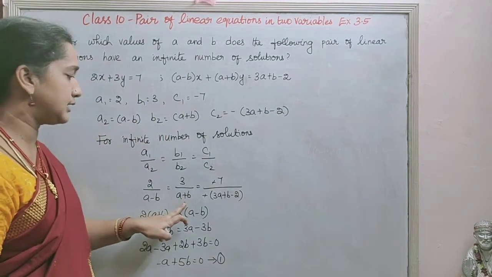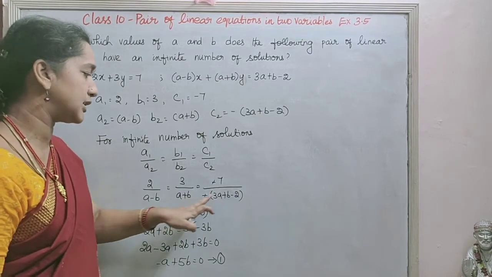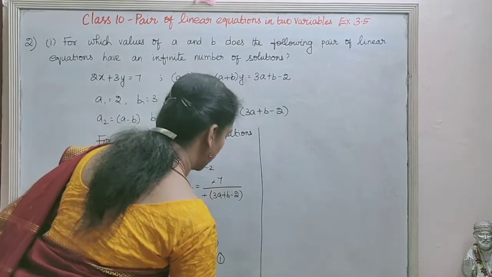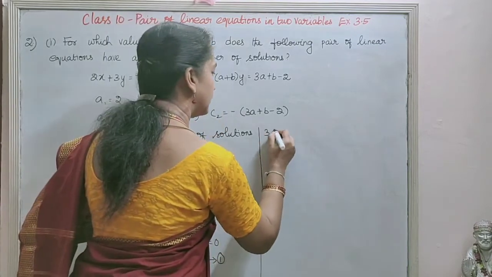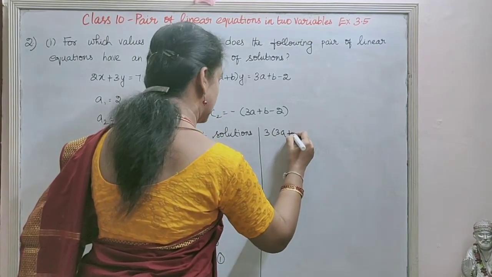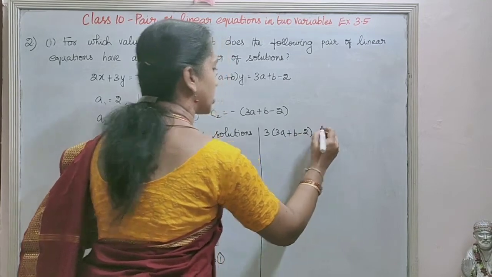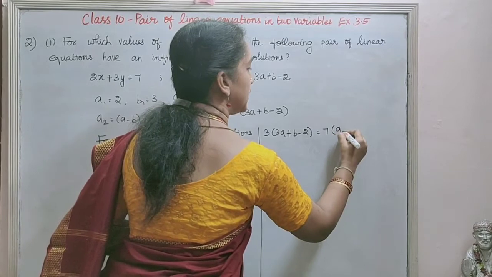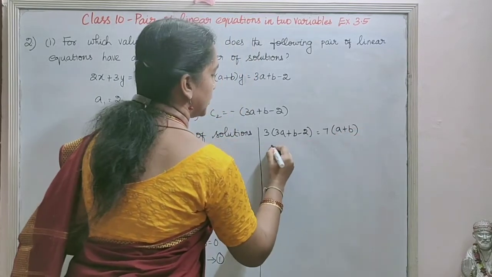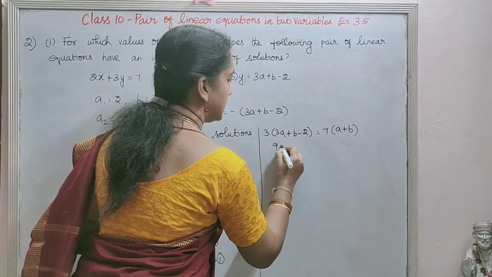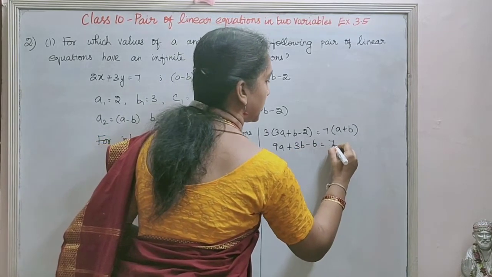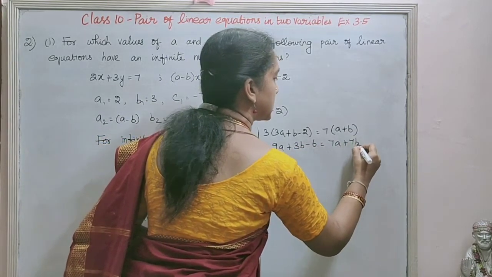Now I am taking 3 by a plus b and 7 by 3a plus b minus 2 and solving that one. So 3 into 3a plus b minus 2, cross multiplying, is equal to 7 into a plus b. When I simplify this, 9a plus 3b minus 6 is equal to 7a plus 7b.